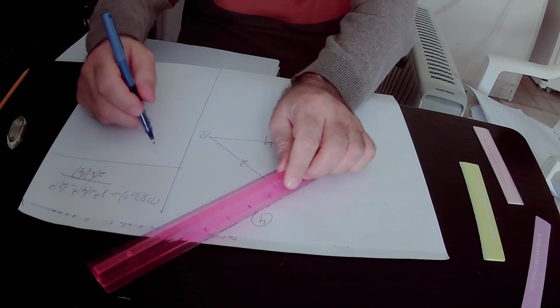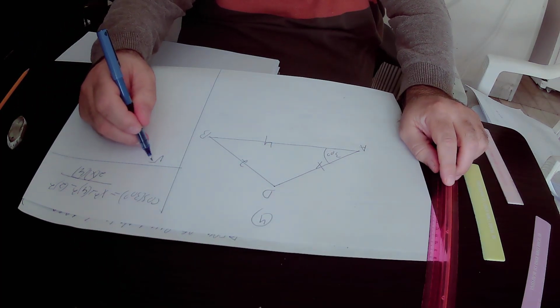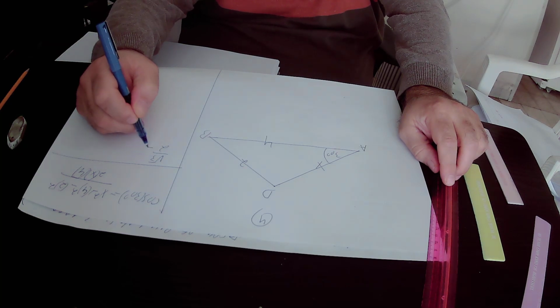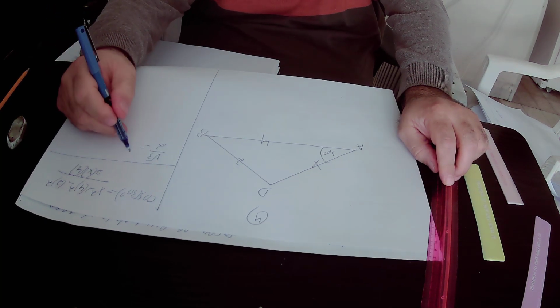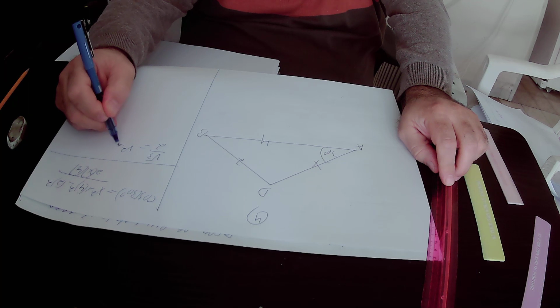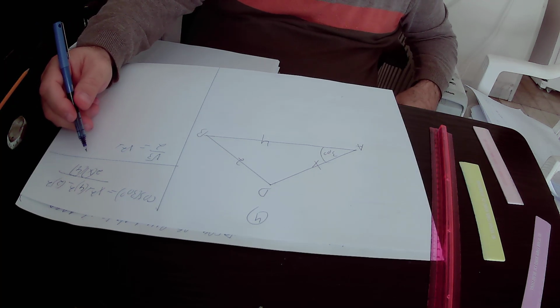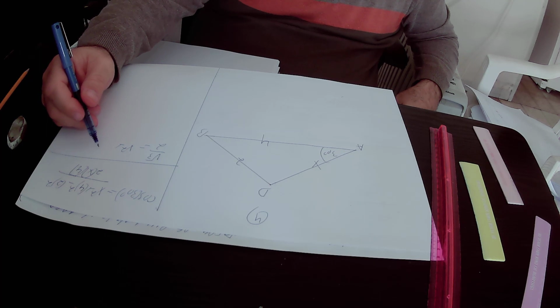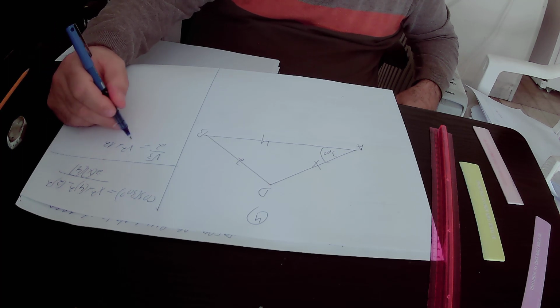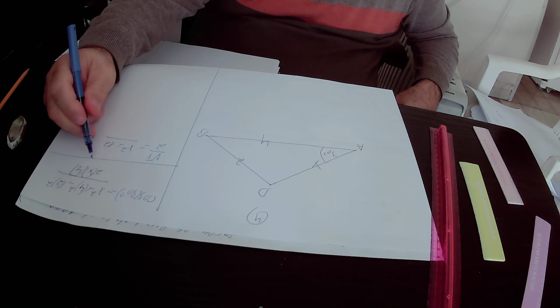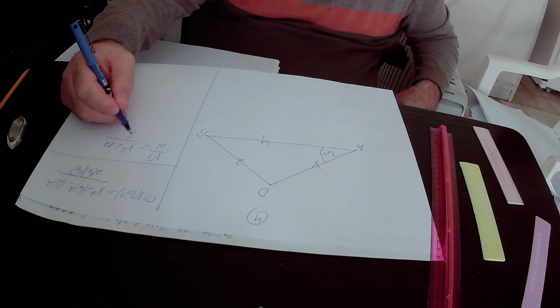Cosine 30 degrees is square root of 3 over 2, and it equals x squared, 4 squared is 16, minus 2 squared is minus 4. 16 minus 4 is 12, over 2 times 4 is 8, and 8 times x is 8x.